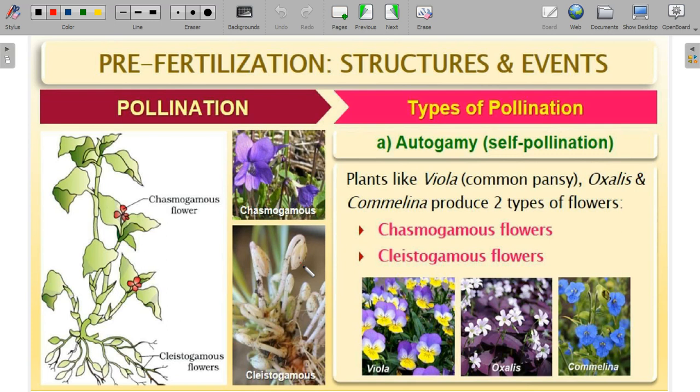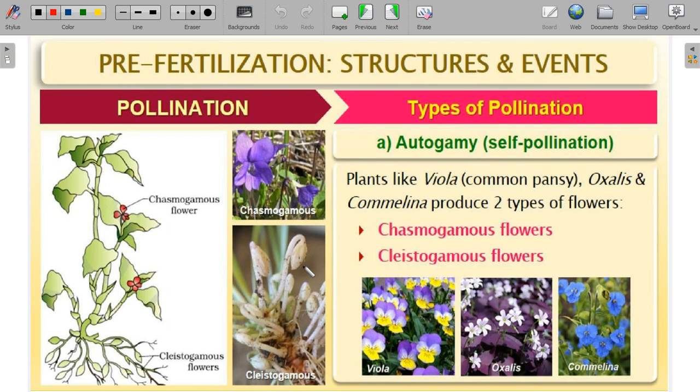So in a chasmogamous flower, the floral appendages are exposed towards the agents of transfer of pollen grains. In a cleistogamous flower, the flowers are not exposed; they have closed floral appendages. Therefore, in cleistogamous flowers, cross-pollination can never occur. Only self-pollination can occur.